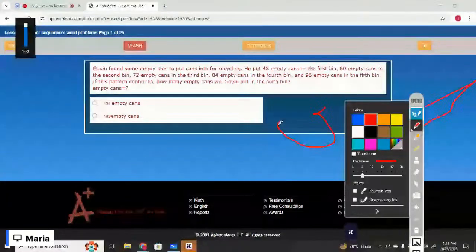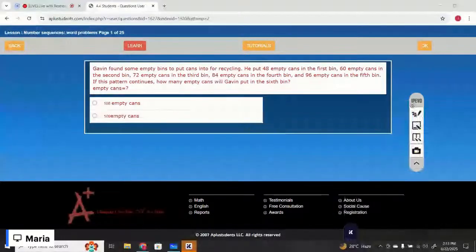Oh, finally it started working. So the correct option is 108 empty cans. The pattern is growing by 12 actually. Option number 1 is the correct option.